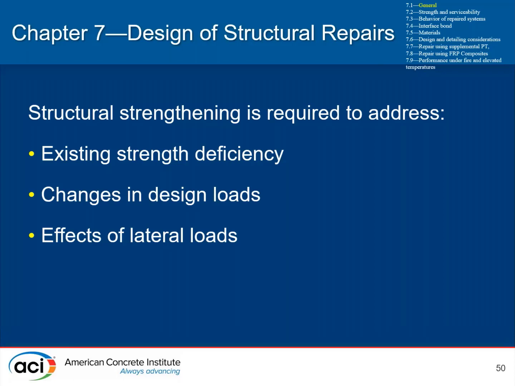Changes in design loads, either because conditions or needs of the structure are changing, or there's some other increase in desired use, and the effective lateral loads from the respect of potentially additional wind loads, et cetera, that might come to pass or be desired or needed for the function of the structure.